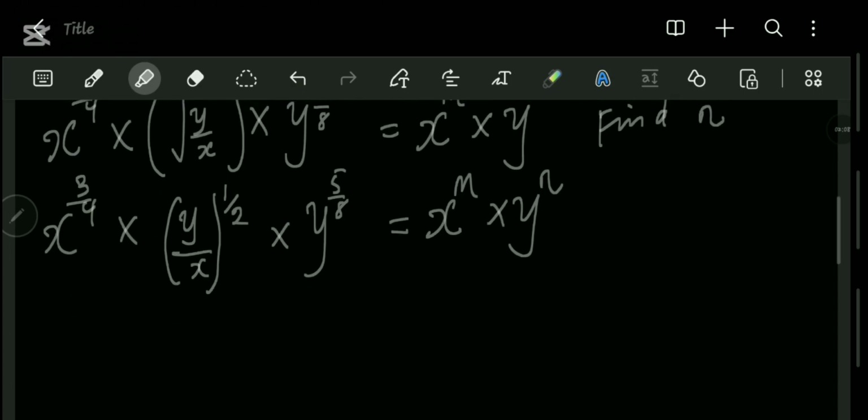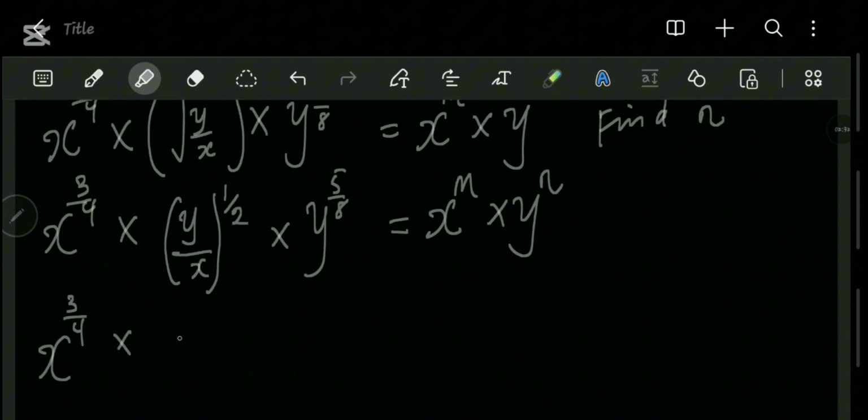From here, I can actually separate these two, distributing this power to inside each of them. Here's what I mean. This is x raised to 3 over 4 multiplied by, I can split this, I can work on this.